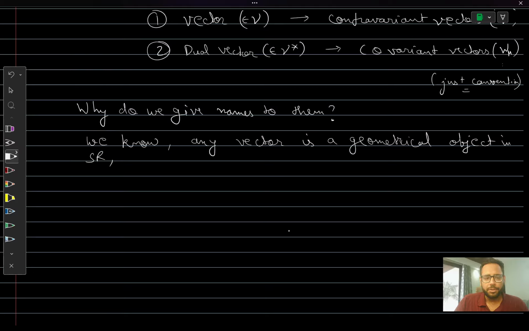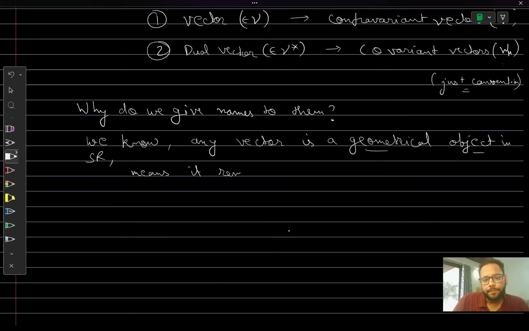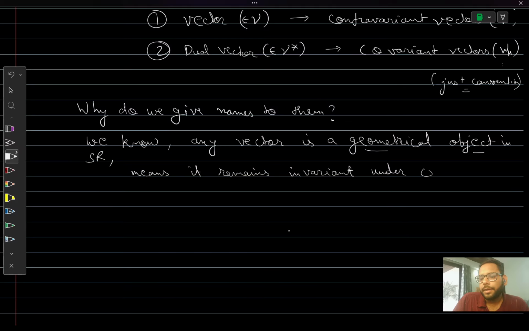Any transformation will not change my vector, but it will change its components and its basis vectors only. So the frames will change, but the vector remains invariant under the transformation. So we know any vector is a geometrical object in SR, means it remains invariant under coordinate transformations or any kind of transformation. You transform unit vectors, you scale them, any kind of thing.